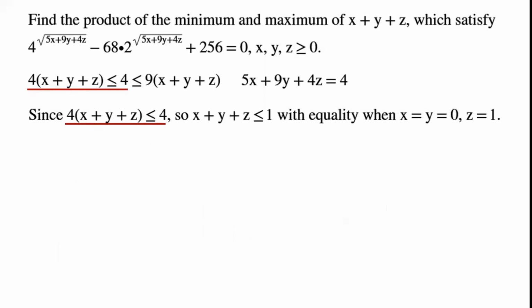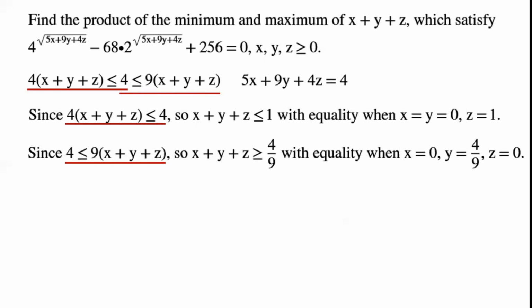Since 4 times (x plus y plus z) is less than or equal to 4, x plus y plus z is less than or equal to 1, with equality when x equals y equals 0, z equals 1.